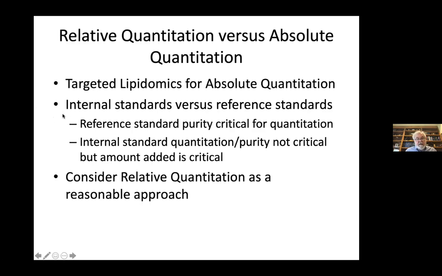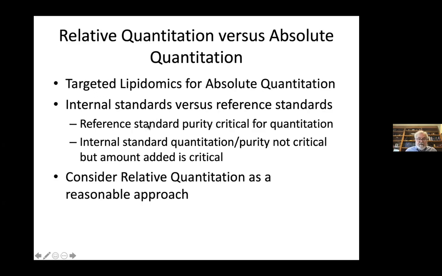When you have an internal standard, which is maybe one or two, but maybe just one, you're going to have a problem, because your response factors are going to be different.